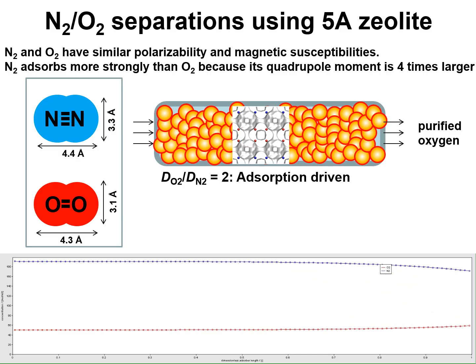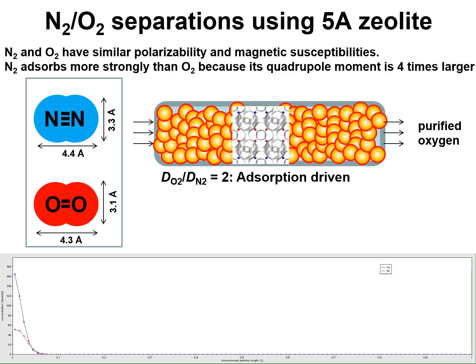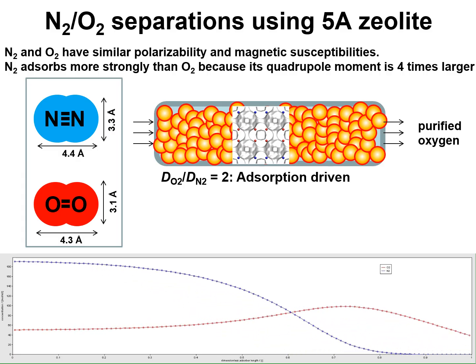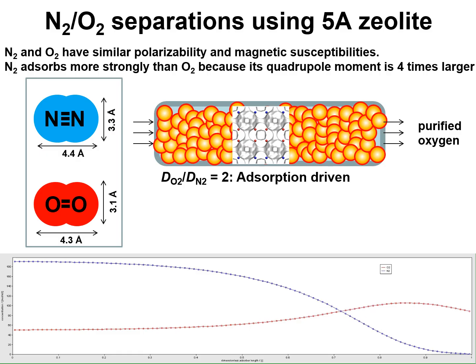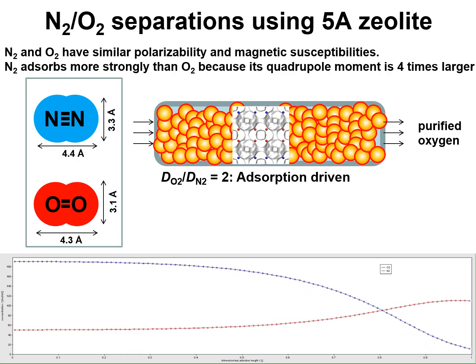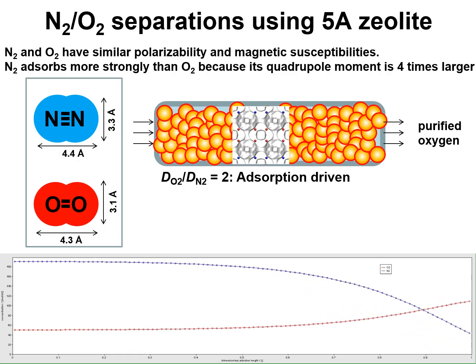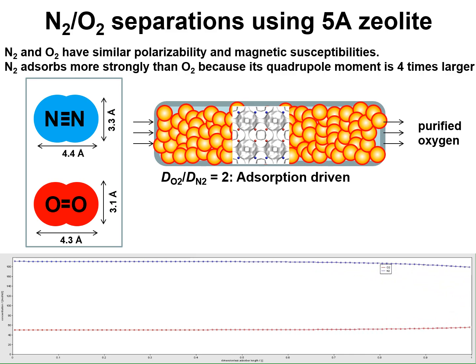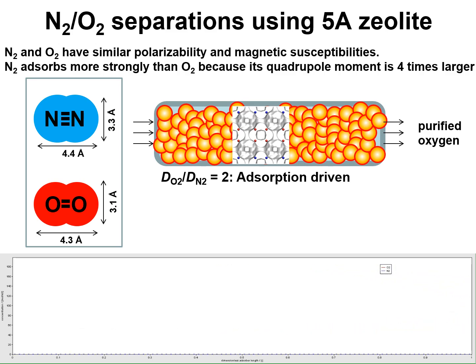If we look at the animation once more, we note that oxygen traverses the length of the fixed bed faster than nitrogen and elutes first and can be collected. And this is how purified oxygen is produced. The separation is driven by mixture adsorption equilibrium.